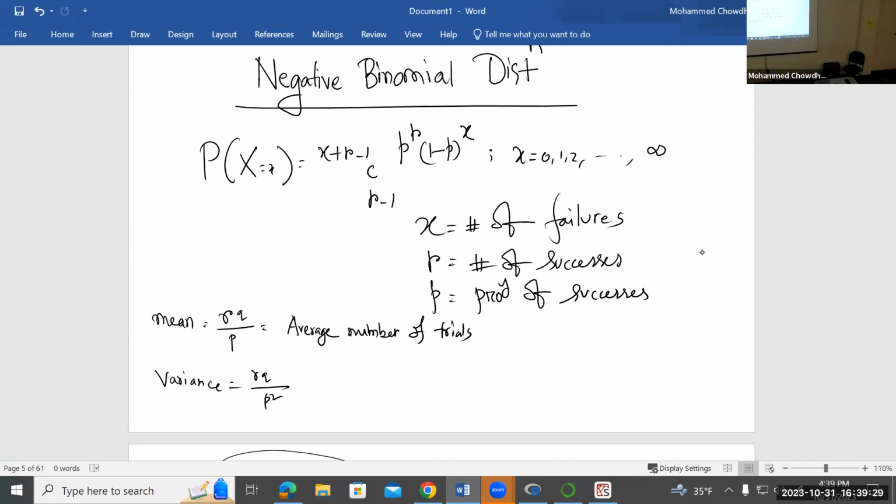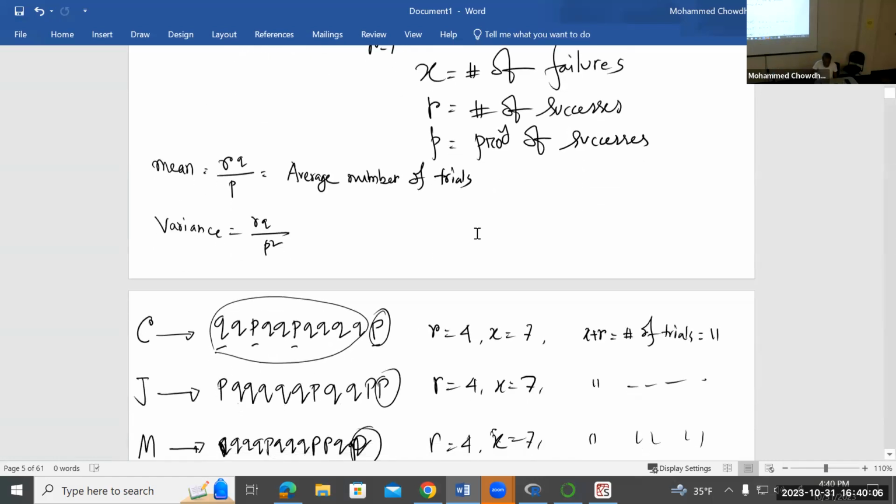McDonald has 15 employees. The probability of an adult employee, adult meaning above 40, is 0.25. So the number of trials is fixed, but in the geometric and negative binomial distributions, you do not know how many trials are needed until you get the required number of successes. So now I want to solve a problem.